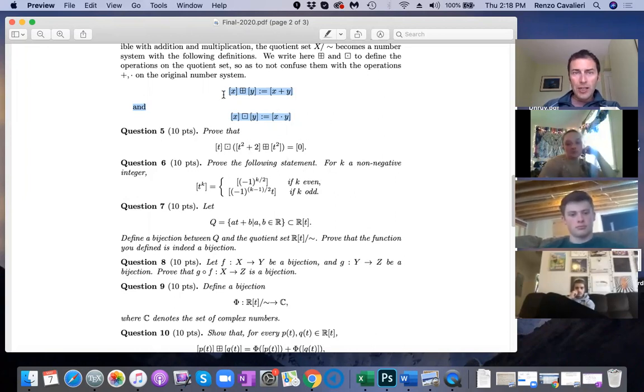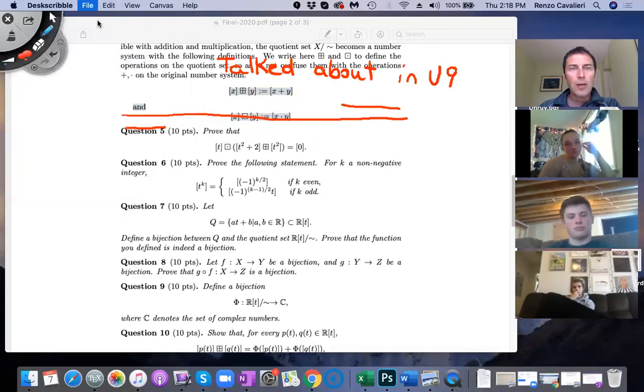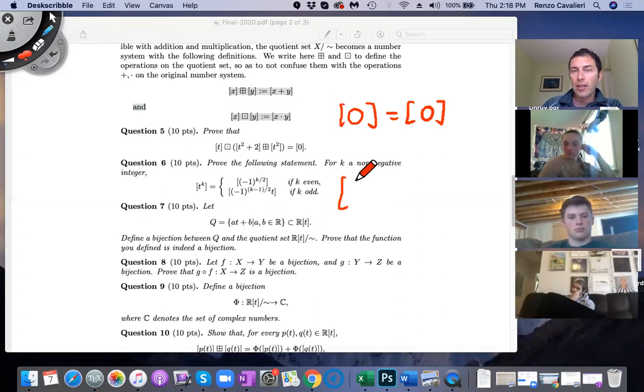But if you use this definition, you might not end up with something that looks on the nose like 0 equals 0. If you're very lucky, but you might end up with something like t to the 48 plus 49t to the 46 plus and so on equals 0.